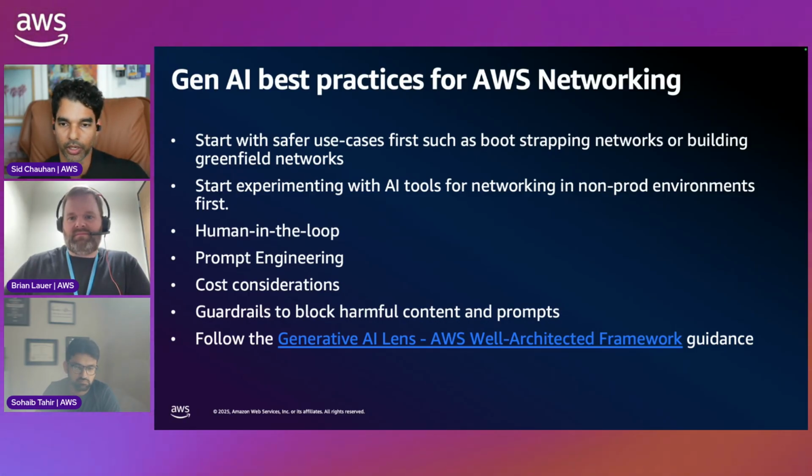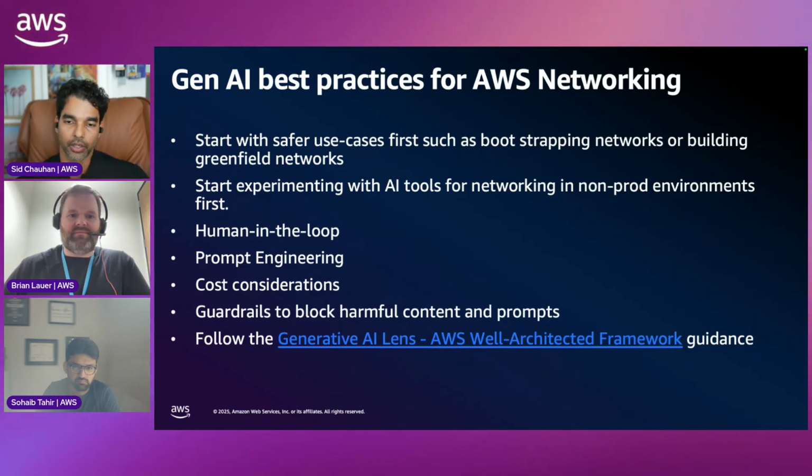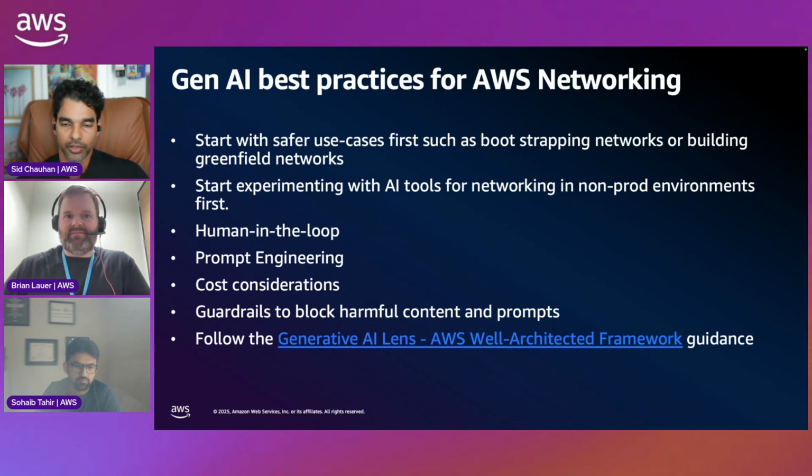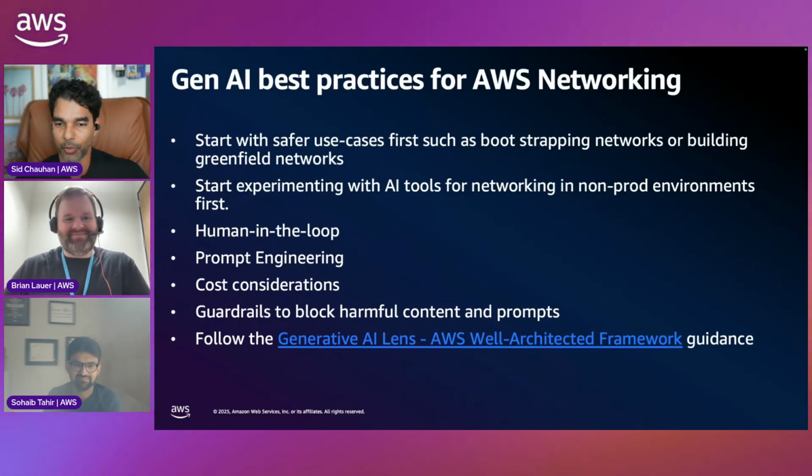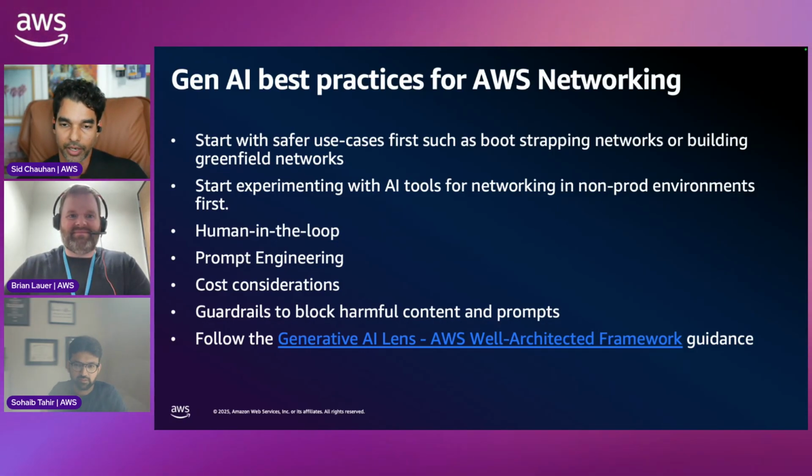As you're asking it to build, let's say, a transit gateway architecture, ask it to build it in a well-architected way. Maybe point it to some documentation. Sohaib does a whole bunch of blogs, by the way. Point the agent to Sohaib's blog, saying, just read what Sohaib suggested in this blog and use that to build the architecture. So you have that responsibility, and you can do better prompt engineering and guide the agent.